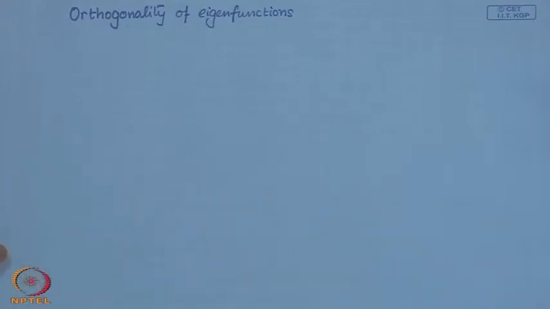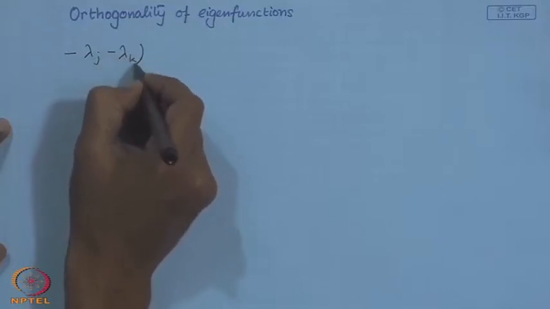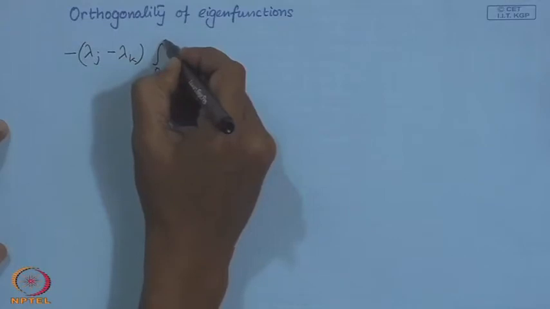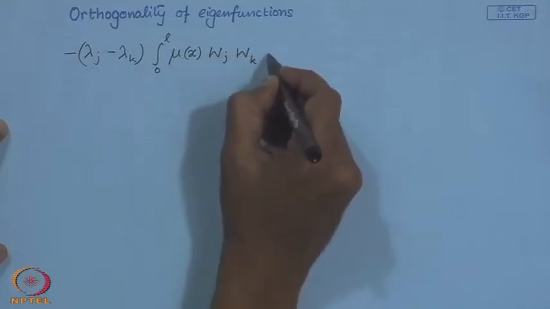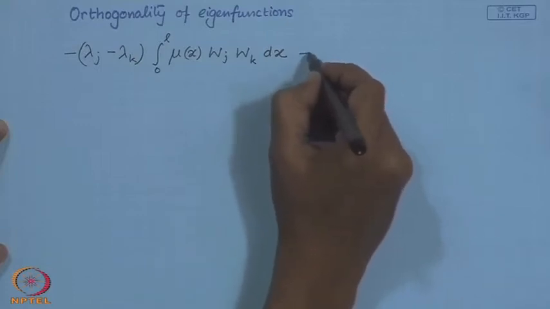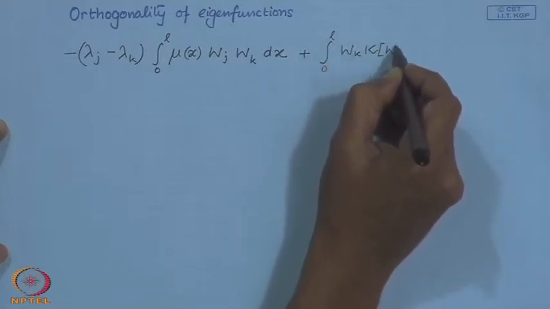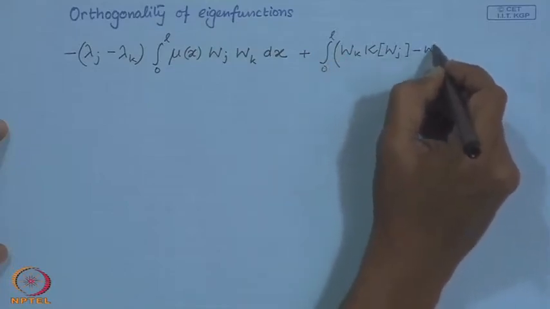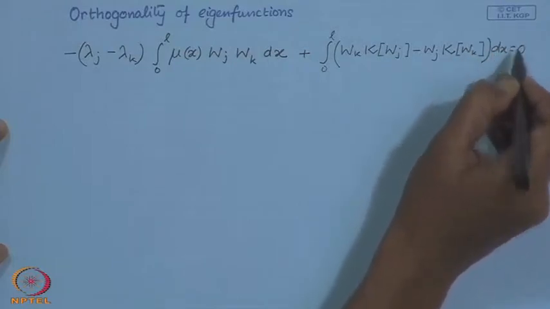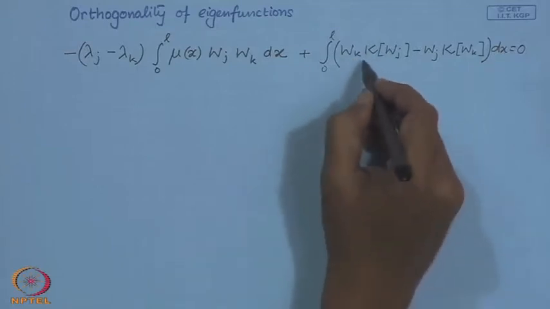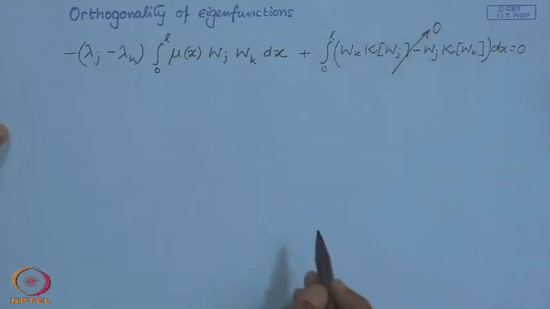So, recall that we had this equation. If the operator K is self-adjoint, then this term vanishes.